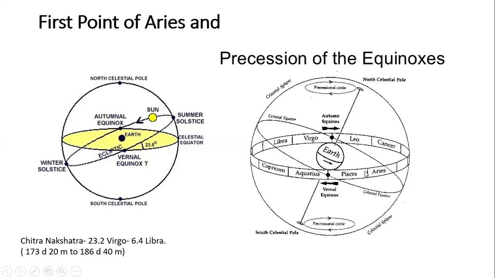It starts cutting here, then here, and every 72 years it is 1 degree. The vernal equinox point is currently 23 degrees 50 minutes from the starting point. The Westerners take this vernal equinox point as the first point of Aries, which is the actual thing.